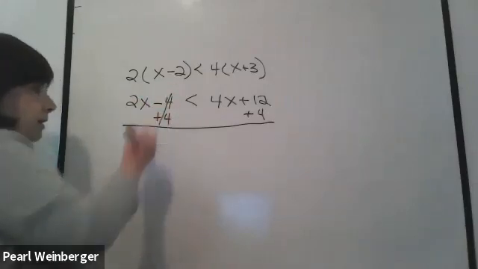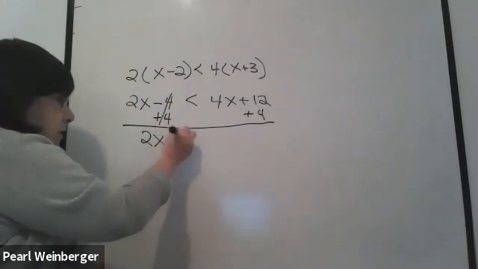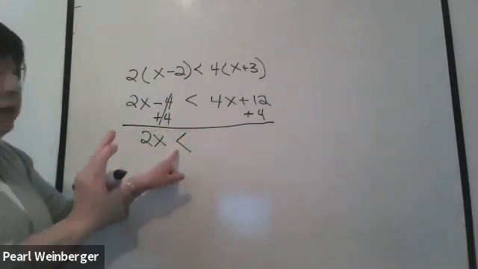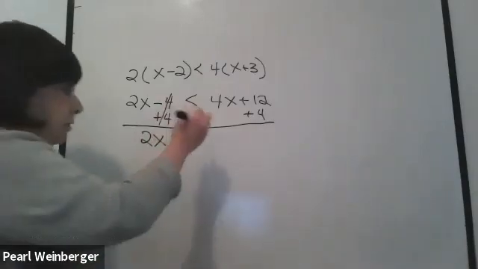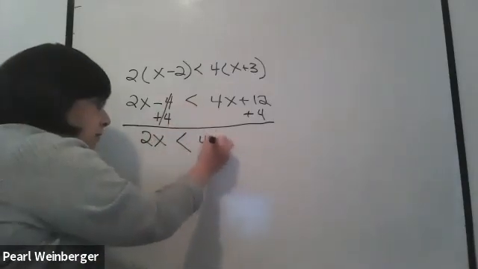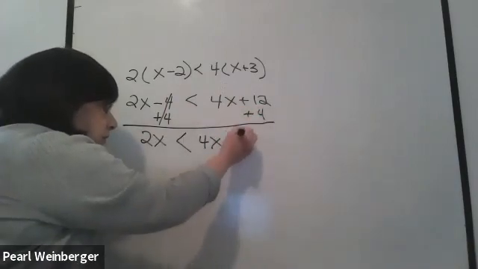This will cancel out that 4 and leave me only 2x. I don't change the direction of the inequality. It stays a less than. This stays 4x. And now this is 12 plus 4. Those are like terms, so that's giving me 16.